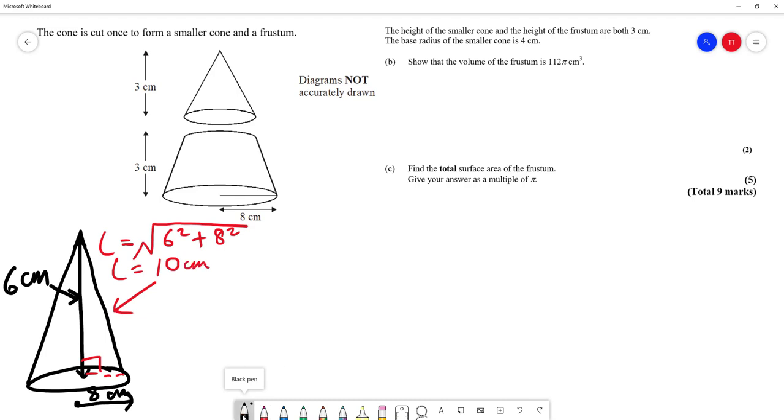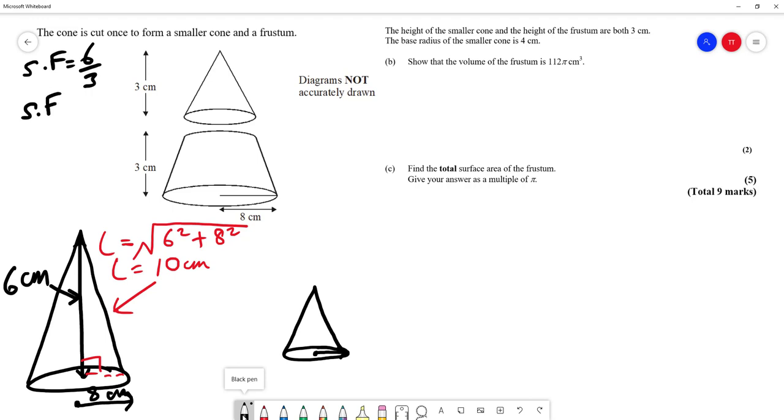Now let's draw out the smaller cone. Well, we need to figure out the scale factor here. If the perpendicular height of the large cone is 6 and the perpendicular height of the smaller cone is 3, we can say the scale factor is 6 over 3, which is 2.